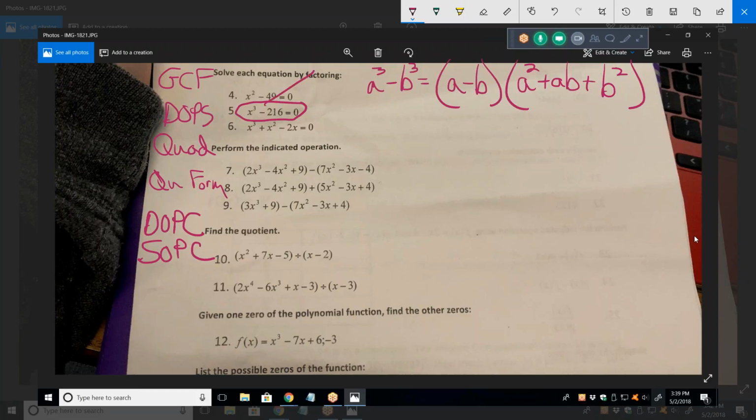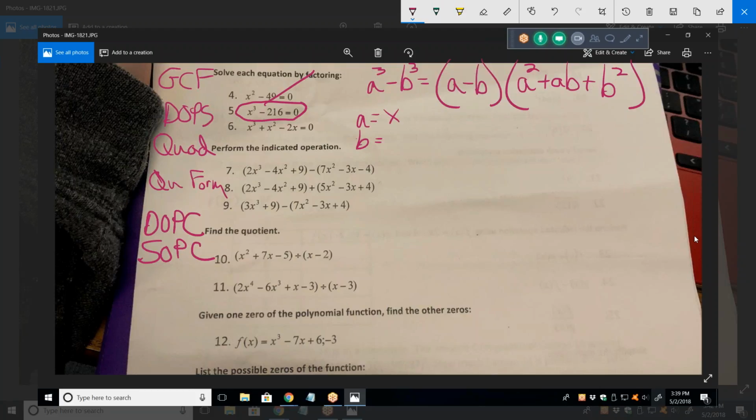What's the perfect cube that is 216? What's b? In other words, if this is indeed the difference of perfect cubes, well, I know that a is x, but what's b?